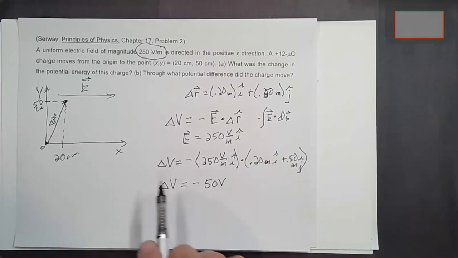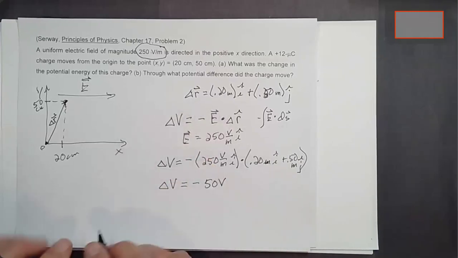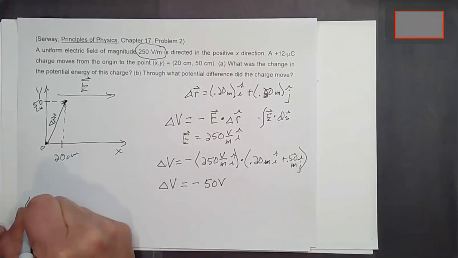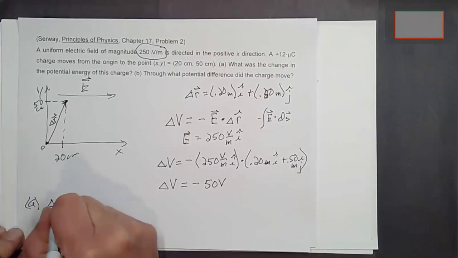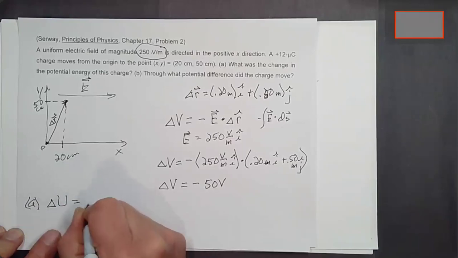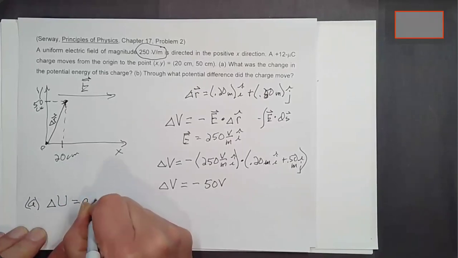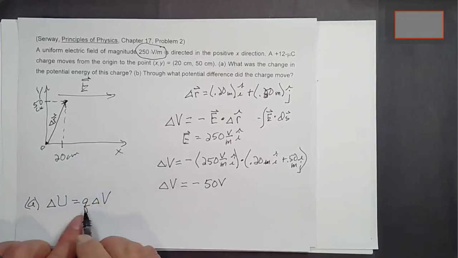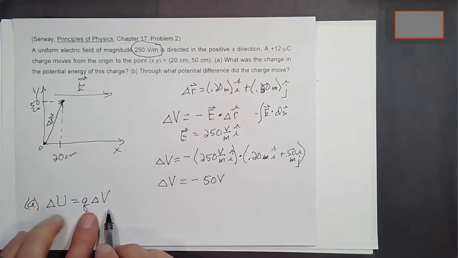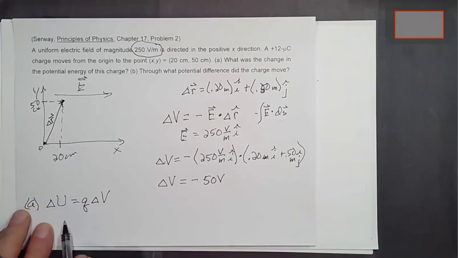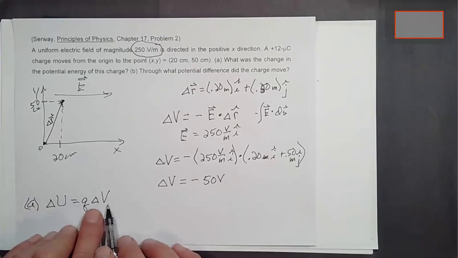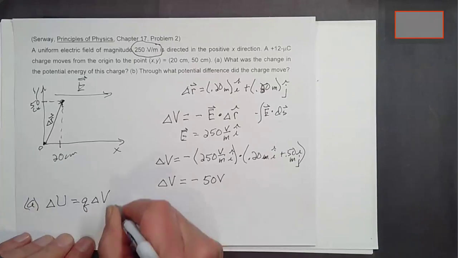So I have that. Now the change in potential energy of the charge in that case, well, this is delta U, which is equal to Q delta V. Keep in mind that thing. That's a fundamental relation, or delta V is delta U over Q. Change in potential energy per unit charge is what change in electric potential happens to be.